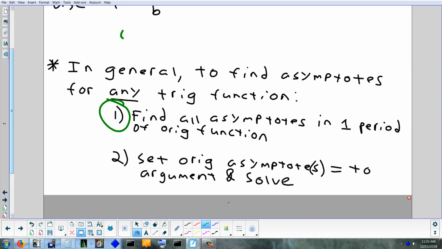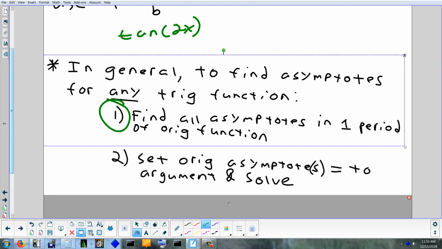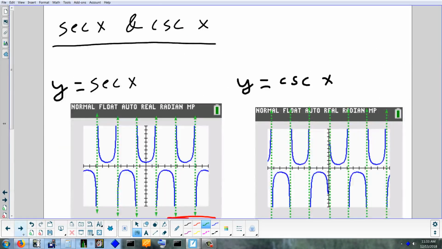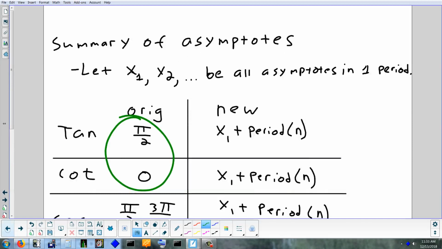So if I had something like tan 2x, that's a horizontal compression. If I wanted to know what the asymptote would be in this graph, after I shift or stretch or do whatever, I would go to my table, look up the original asymptote, go to tangent, and say, okay, it's pi over 2.